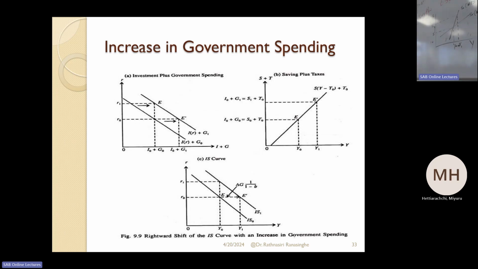Anyone? Can you explain this graph? Can you try? I'll give you one chance. What's your name?